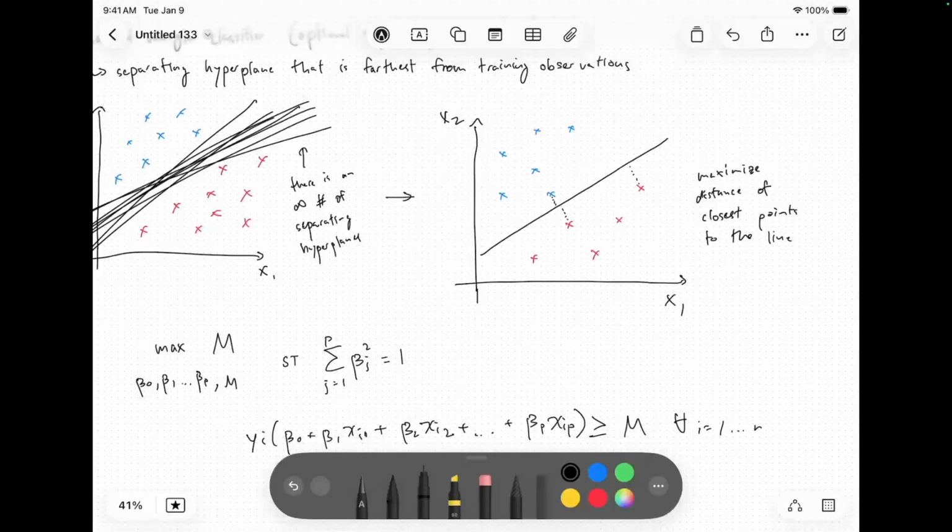If I perturb this line just a little bit, the distance to the closest set of points is going to decrease, right? No matter what direction I wiggle or move the line, you will get closer to some of the points.